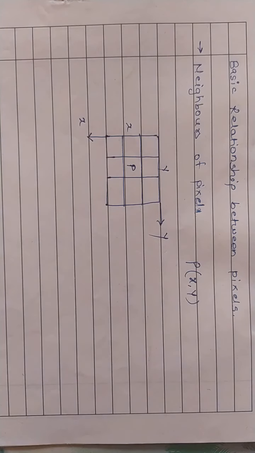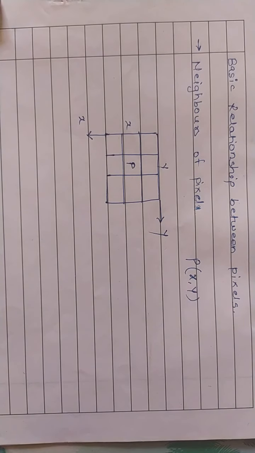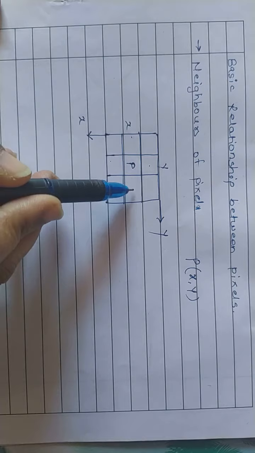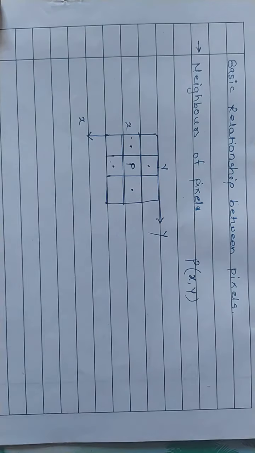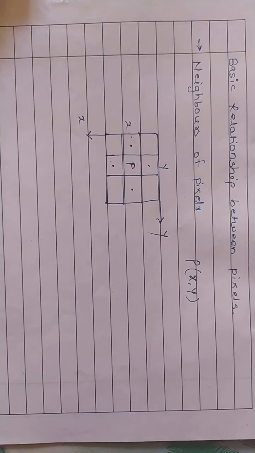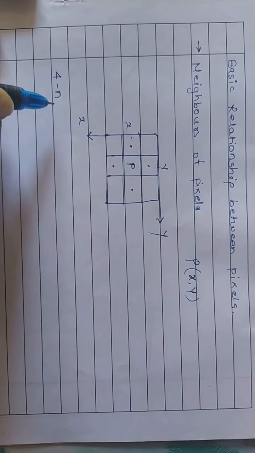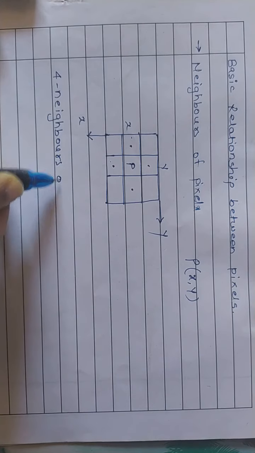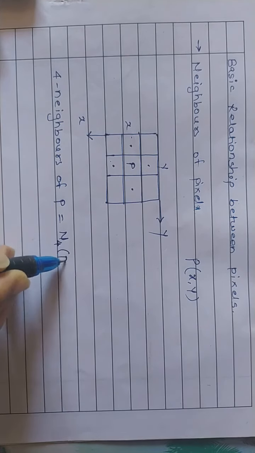Now, this pixel P with coordinates x, y has a total of 4 neighbors which are present in the vertical direction and horizontal direction. So this pixel, this pixel, this pixel and this pixel are called the 4 neighbors of pixel P, and it is represented as N4P.